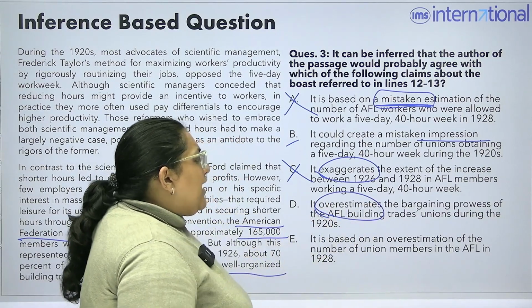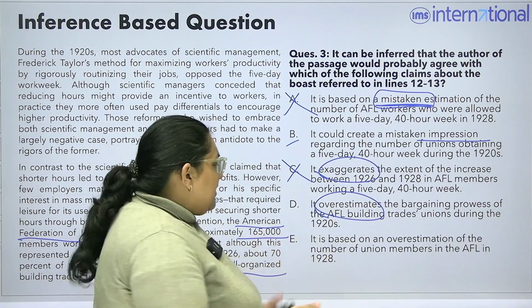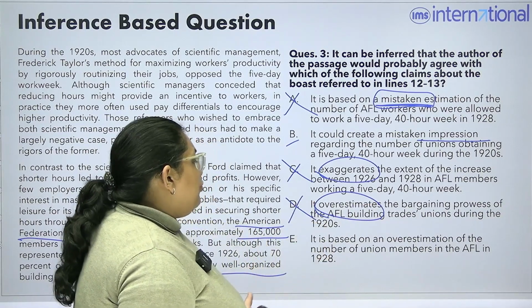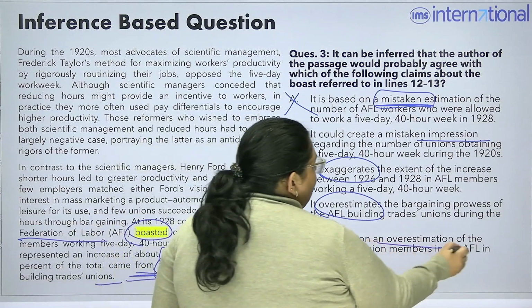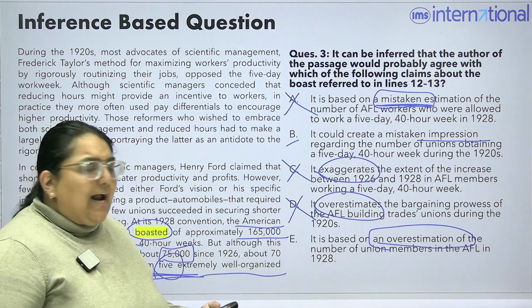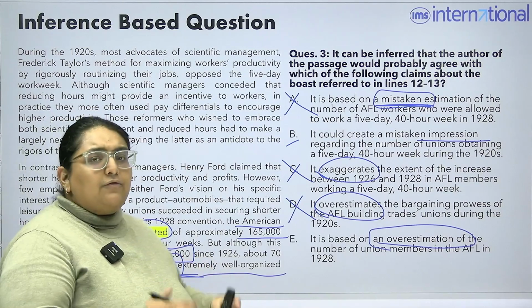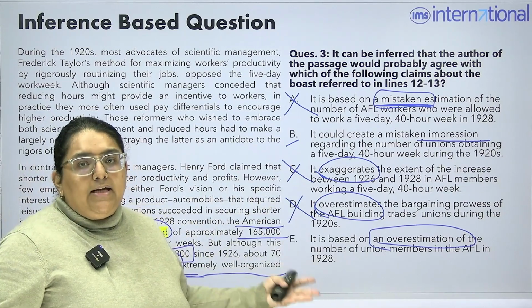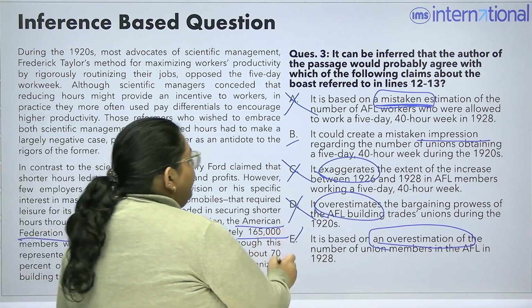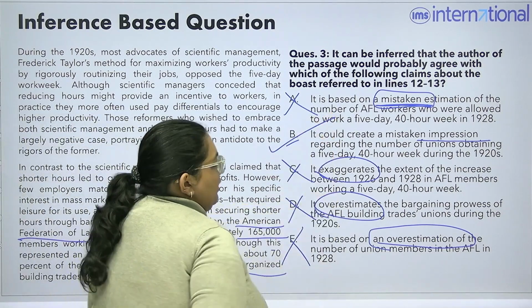I don't think so, they are trying to stress the bargaining power here. And it is based on an overestimation of the number of union members. Again, they are not overestimating the number of union members, but it is giving a wrong impression that these 75,000 are coming from more unions. Rather, it is only coming from 5 unions. So B will be our correct choice.